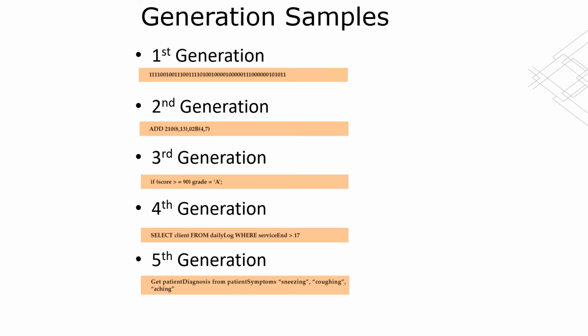Well, that's still specific, because service end greater than 17. Now, the more modern than the fourth generation language is the fifth generation language. And this is the example of the fifth generation language. Get patient diagnosis from patient symptom, and the symptom will be sneezing, coughing, or aching.